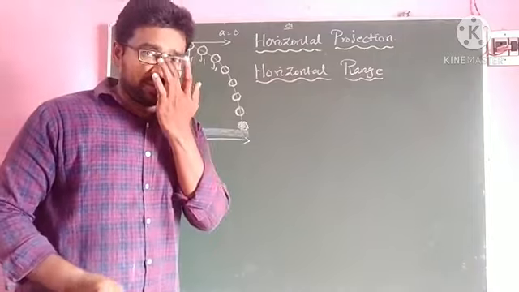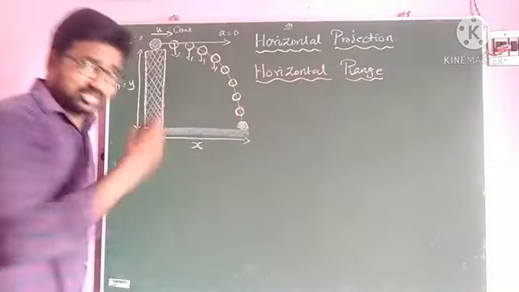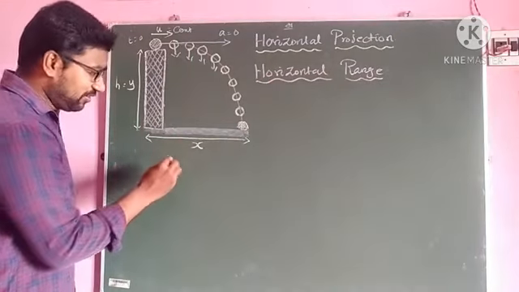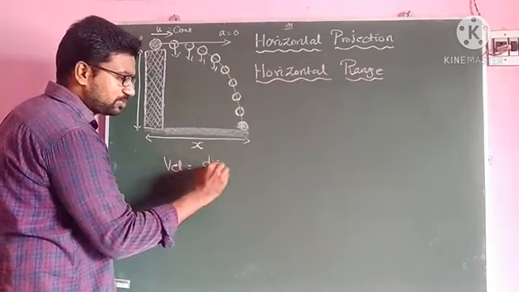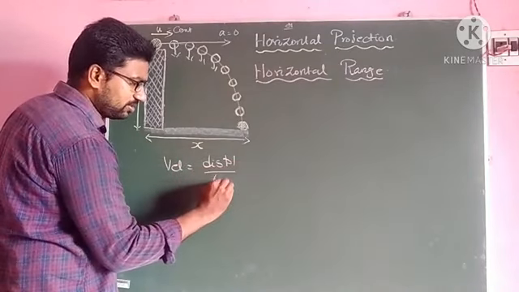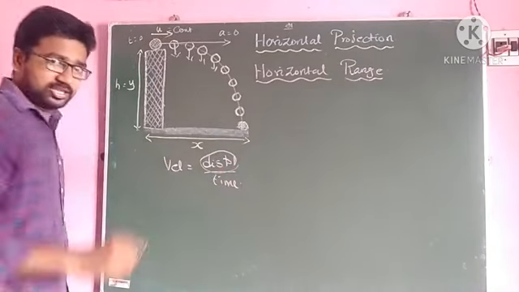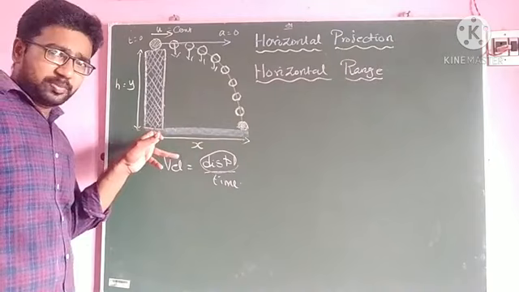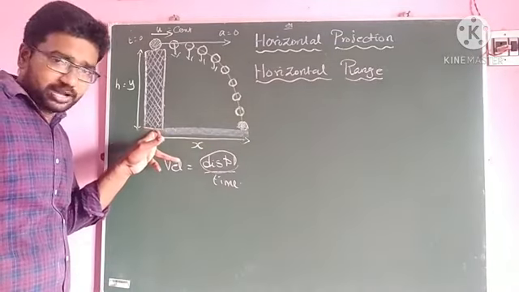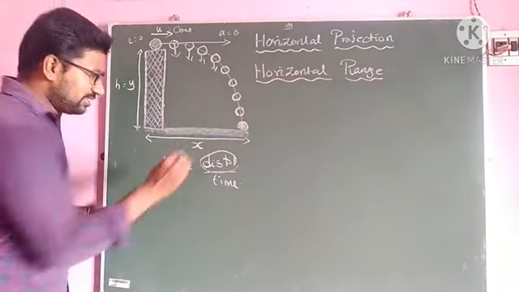Sir, we know it very simply, the horizontal range is nothing but distance. So we can easily define velocity equal to displacement by time. Am I right? Now I am going to find the displacement, the distance covered by the projectile from the foot of the tower to the point where it hits the ground. This is the displacement.